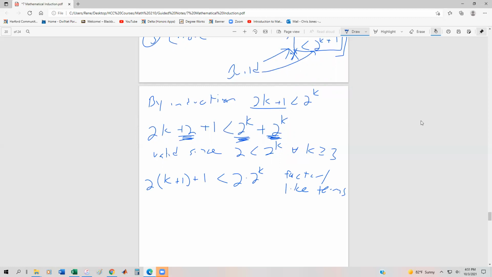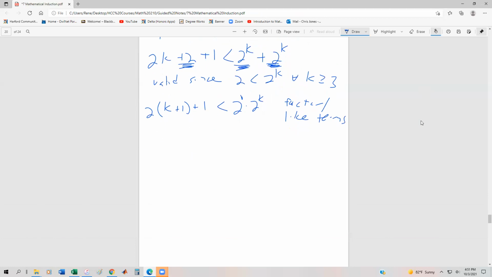Notice that this is 2 to the first power. Whenever you have like bases, you can just add the exponents together. So this becomes 2 to the k plus 1, which is less than 2 to the k plus 1, by our exponent rules.